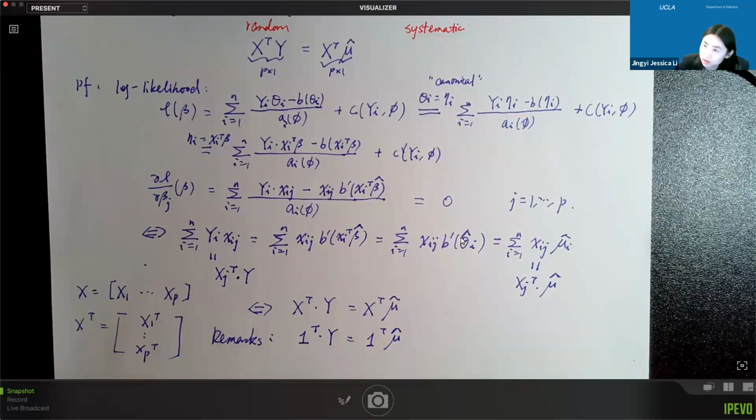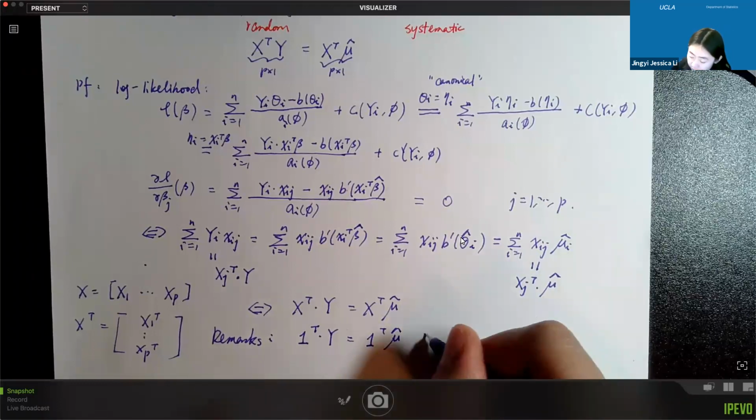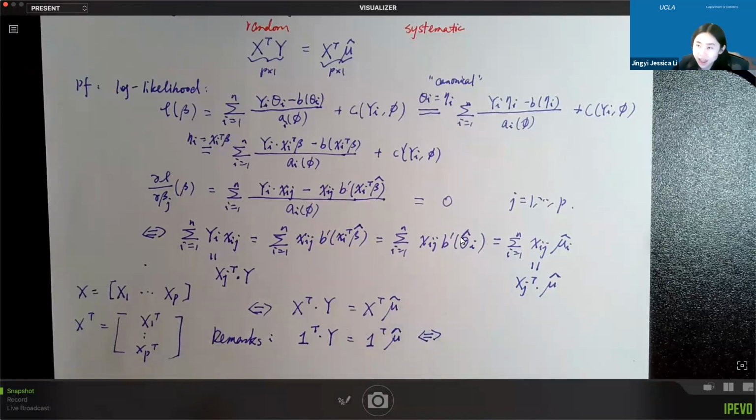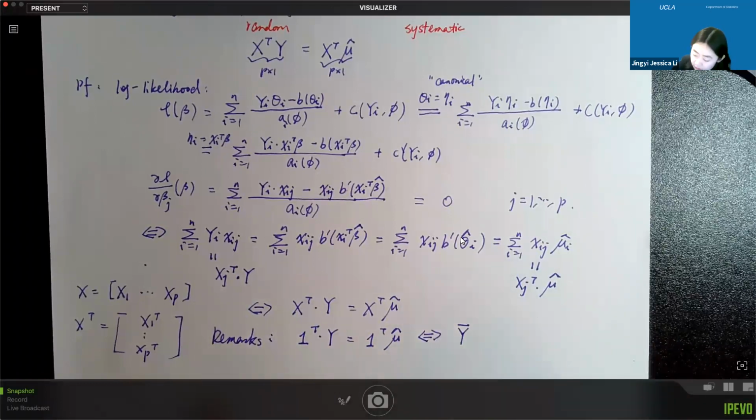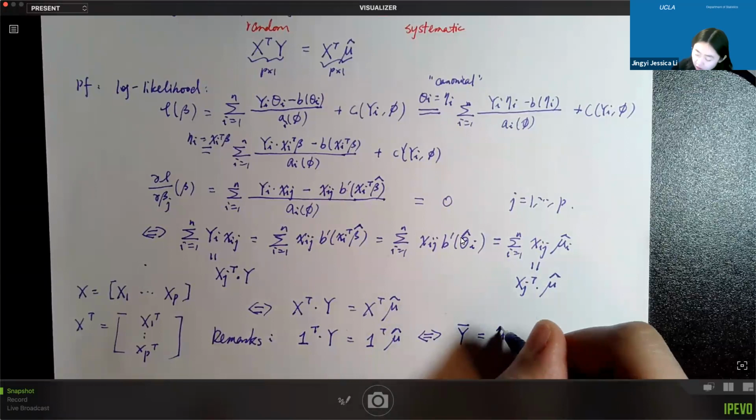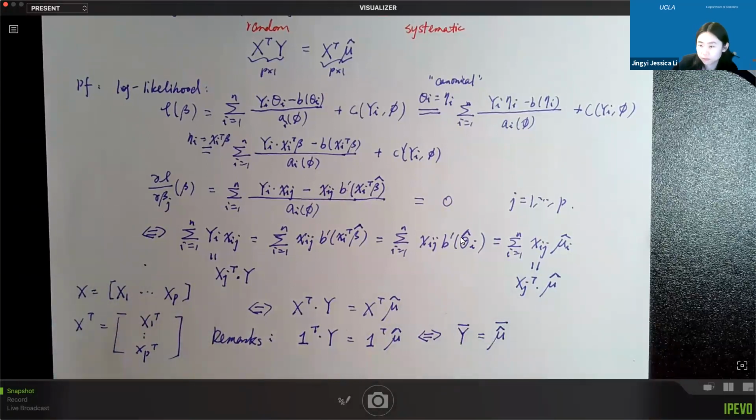So this tells me that if I take the average of my response, it will be equal to the average of my predicted response, my fitted values. In linear regression, you know this fact, right? y bar and y hat bar must go through the same point. We know that, and here we also have this for the GLM.